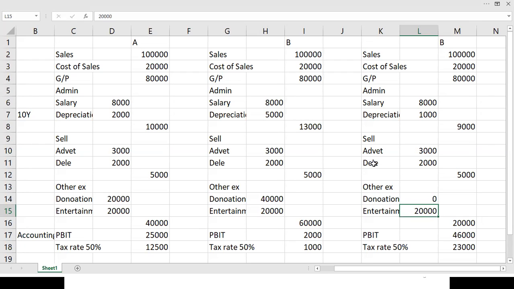Yes or no? Please unmute your mic and tell. It will not contribute. Therefore, the government rule says no, they are not allowed to deduct entertainment expenses.